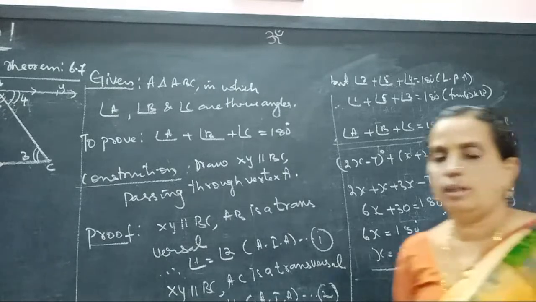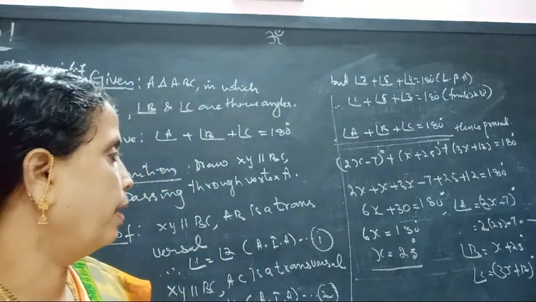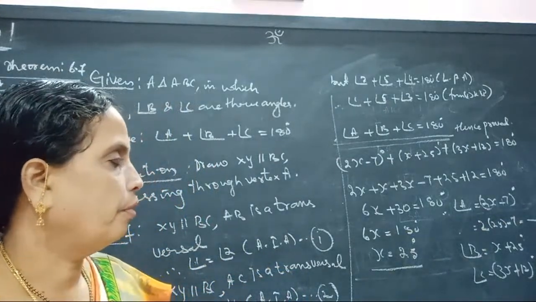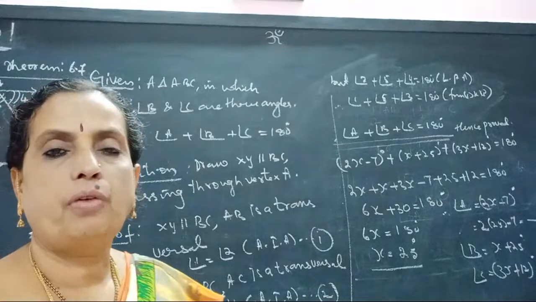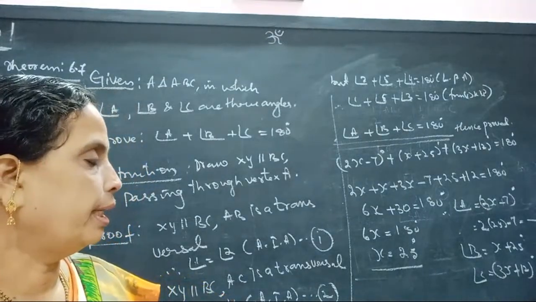Clear? Got the measures of A, B and C. What is the measure of A? It is 50 minus 7, 43 degrees. Second one, 50 degrees.